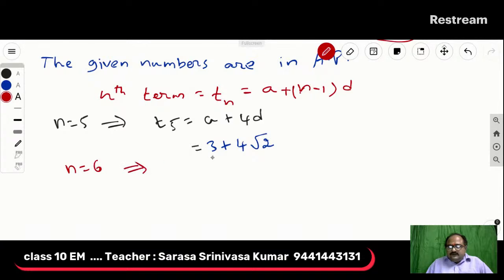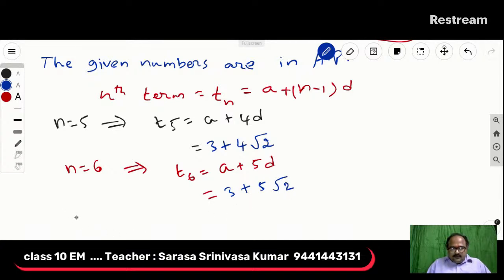Now, n equal to 6. When n equal to 6, T6 equal to a plus 5d. This is equal to a is 3 plus 5, d is square root of 2. 3 plus 5 square root of 2.